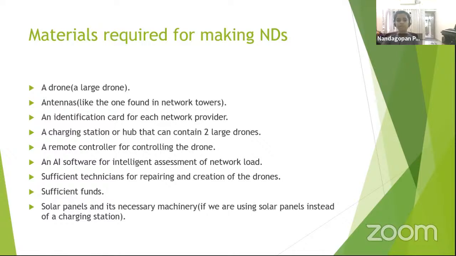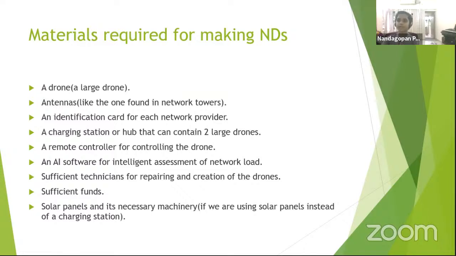So, what do we need for making NDs? We need a drone, a very large one, antennas like the one found in network towers, an identification card for each network provider so that the network providers can identify which of these drones is theirs, a charging station that can contain two large drones or more if it is possible, a remote controller for controlling the drones so that its position can be changed, and AI software.